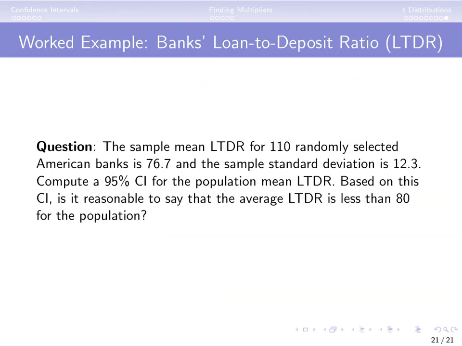Let's look at an example of a potential interval that you could calculate. Let's recall the formula for the interval given over here. There are a lot of bits and pieces of information that we need. Sample mean for 110 randomly selected, so we need a sample size.